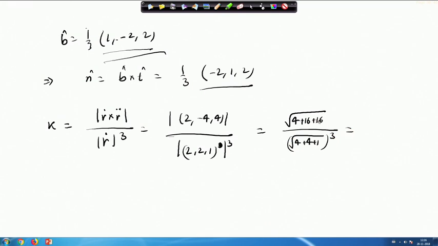So, ultimately from here we will get 32 plus 4, so 36, that means 6, and here we will get 3, and 3 to the power 3 is 27. So, this will result into, I believe, 2/9.